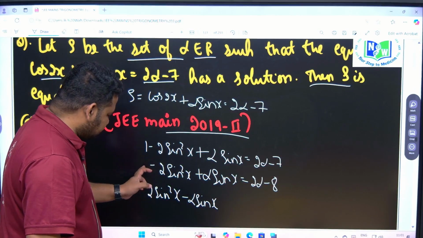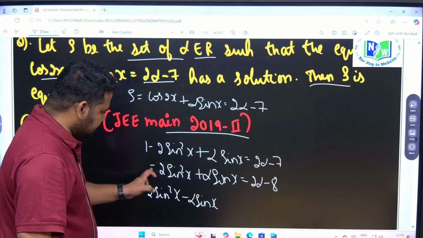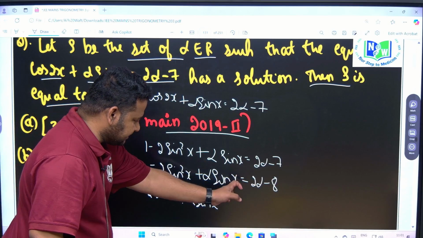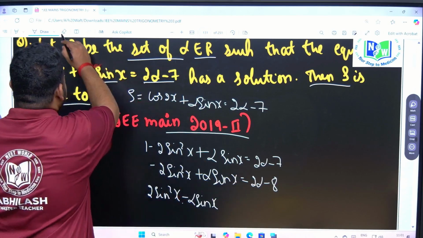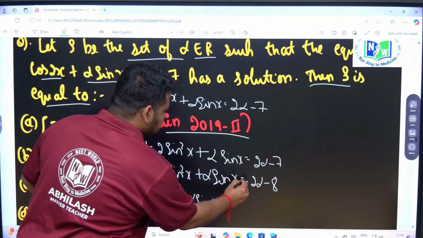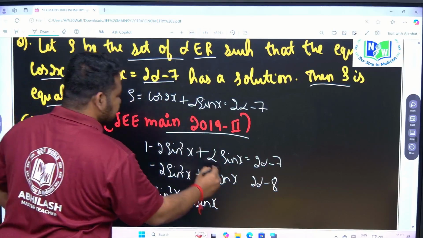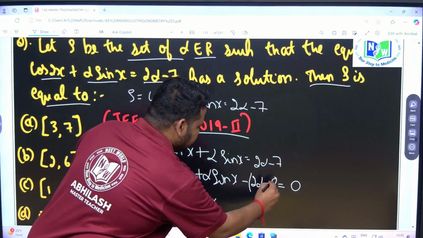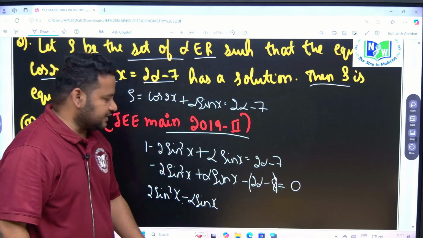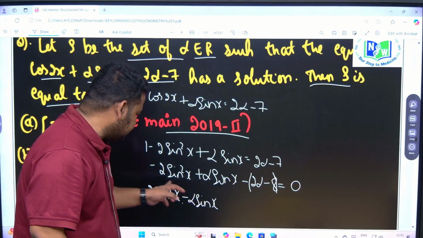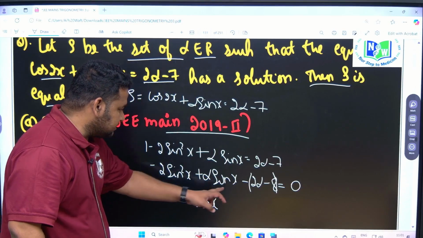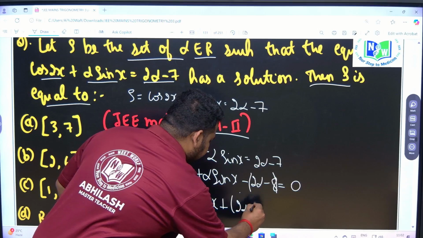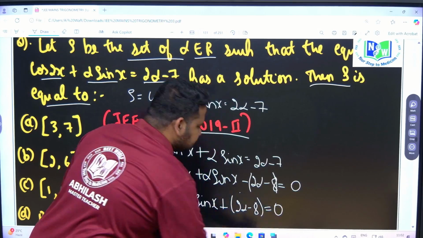Since I am multiplying everything by a minus sign, this minus becomes plus and this plus becomes minus. Correct na? So it becomes 2 sin square x minus alpha sin x plus 2 times alpha minus 8 is equal to 0.